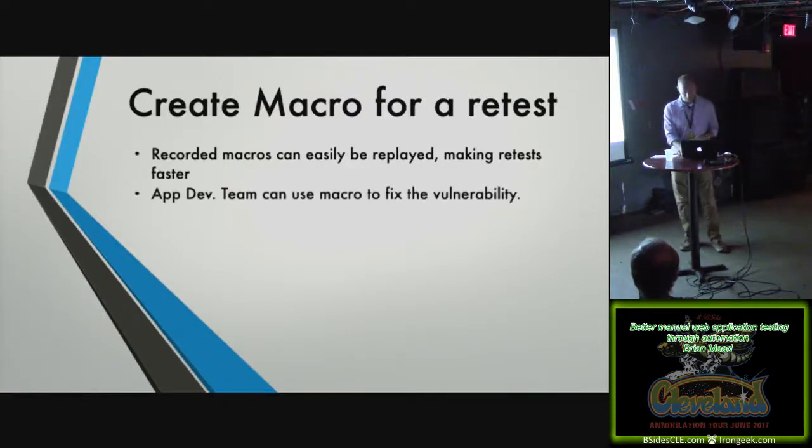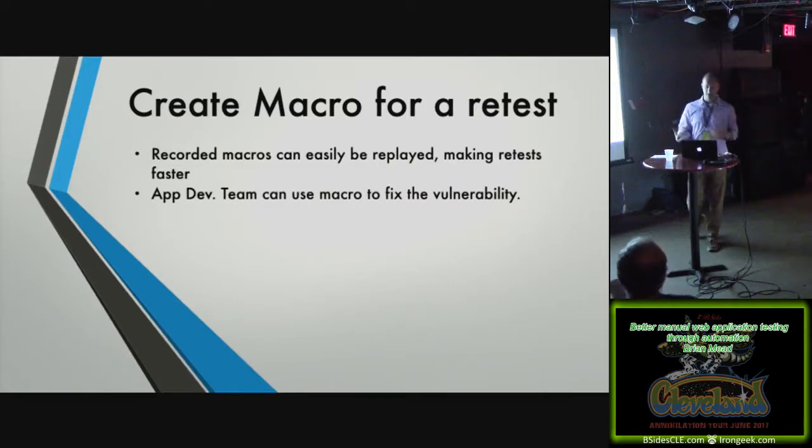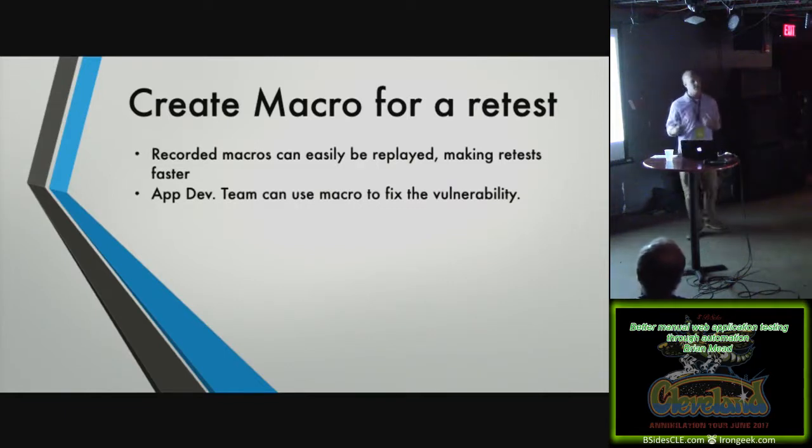So another great benefit to using these macros is if you're doing something a little bit more complicated, you can actually record, like let's say you find cross-site scripting, and once you write up your report, a lot of times the developers ask, well, how did you get to this page? What payload did you use? What does the traffic look like?